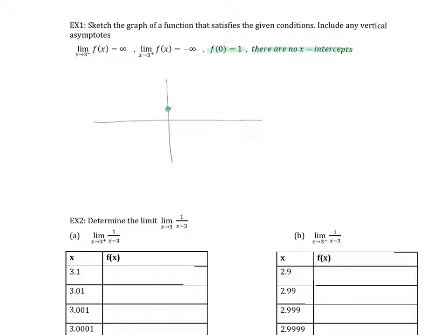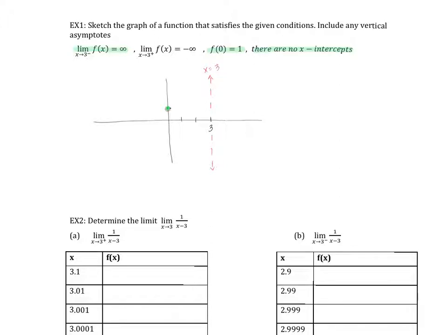I know that the limit as x approaches 3 from the left is going to be positive infinity. So if I go 1, 2, 3, and since the limit is positive infinity, what that tells me is that I'm going to have this vertical asymptote, which is x equal to 3.